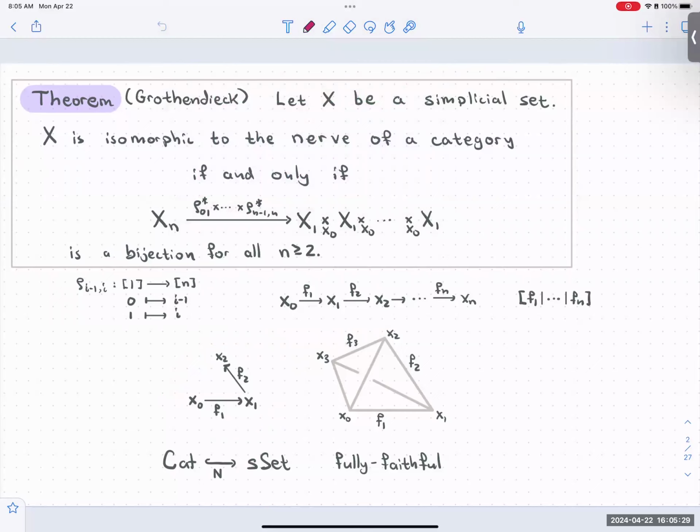But of course, I can sort of uniquely fill this in to a 2 simplex. There's another face here that I haven't drawn in, and that's exactly the composite. So this isn't giving me all the data, but I can recover it from the other face of my simplex. And of course, this also tells us something about associativity.